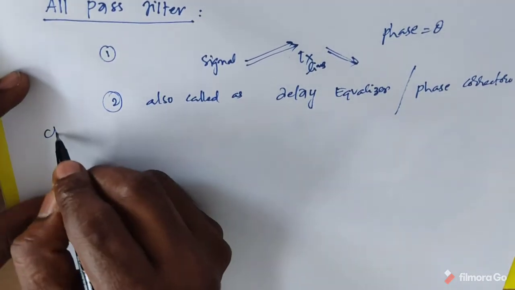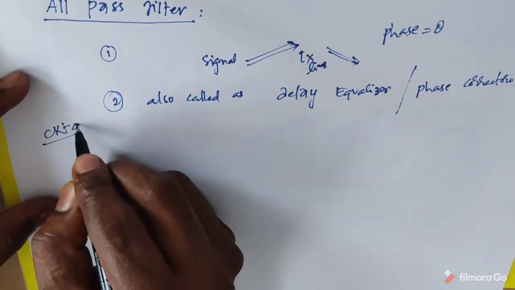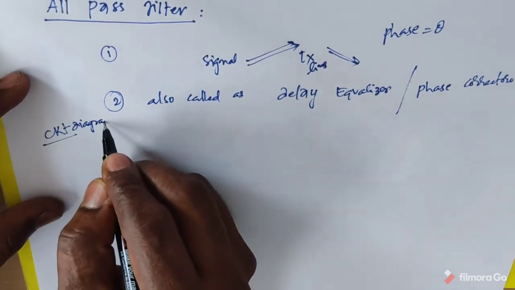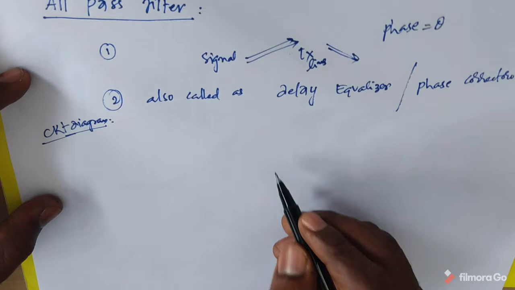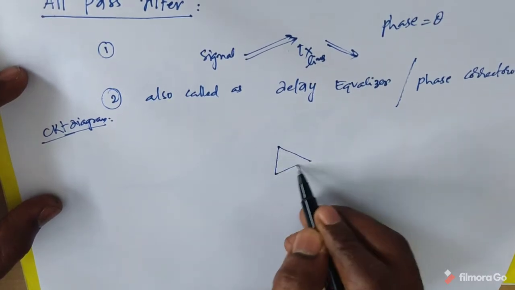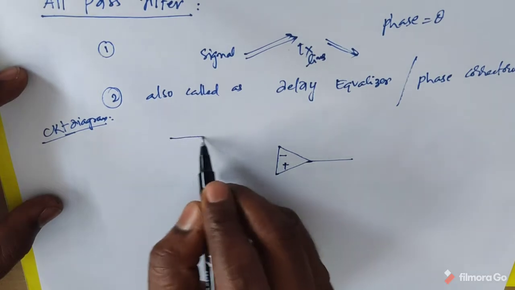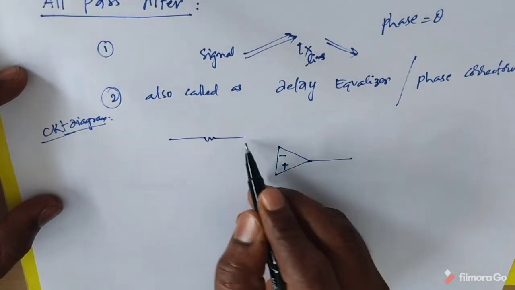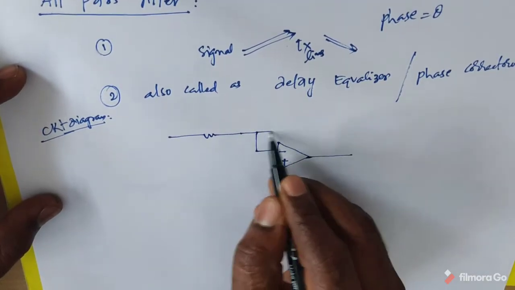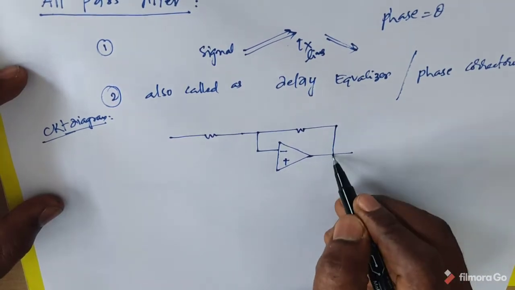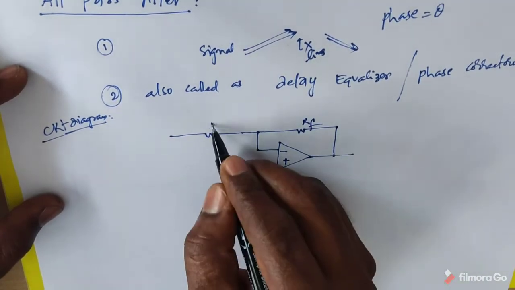So here is a simple circuit diagram for the all pass filter. Take one operational amplifier, with negative and positive terminals. Take one input resistance, a feedback resistor RF, and R1.